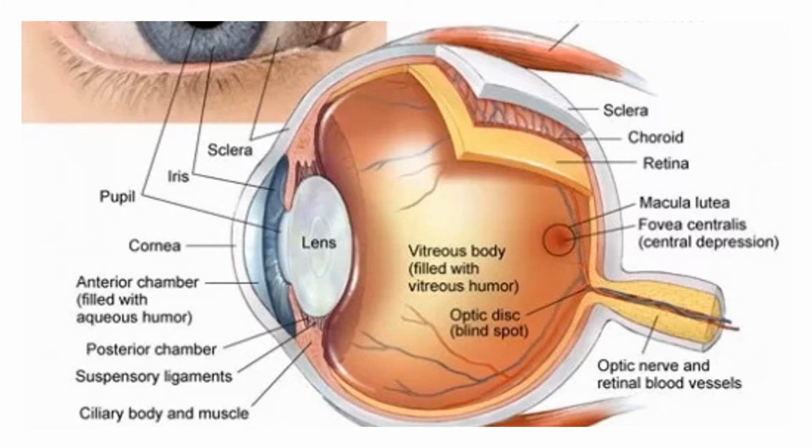Then it goes through the pupil, right, and the pupil is a hole made up of the surrounding iris, which gives your eye your color. And then the light beam goes through the lens, and then into the main part of the eye called the vitreous body, and the fluid in the back we call vitreous humor. Okay, and then the light beam continues on and hits the retina, and it typically hits your central vision, which is at the macula.